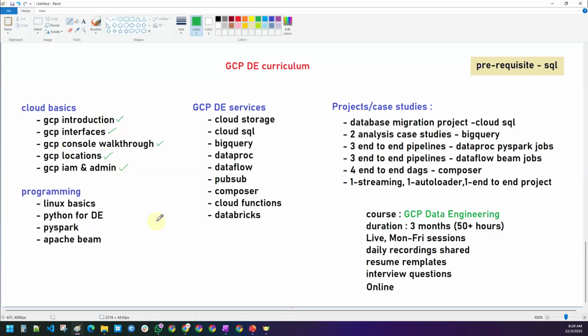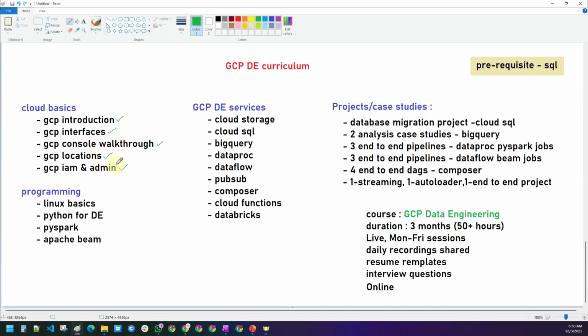These cloud basics are common throughout all the cloud platforms. If you learn the cloud basics here, when you work in AWS and Azure, they are going to be pretty much similar.